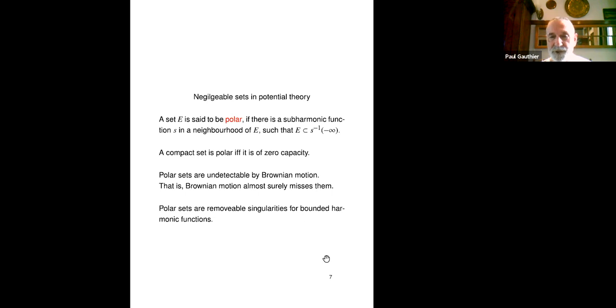That is, if the Brownian motion starts at a point that's not on the set, then it almost surely misses the set. Polar sets are removable singularities for bounded harmonic functions. That's also a very nice property of polar sets.